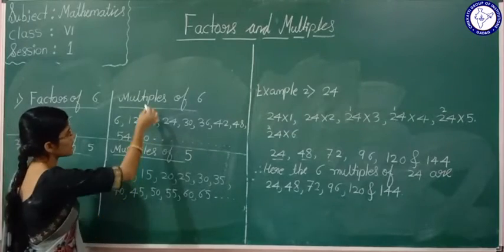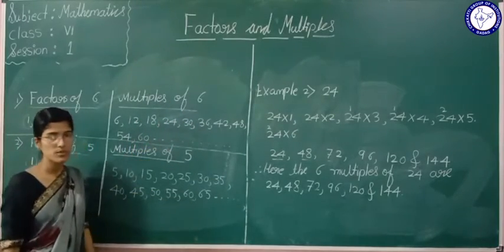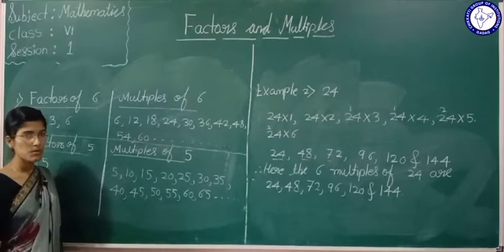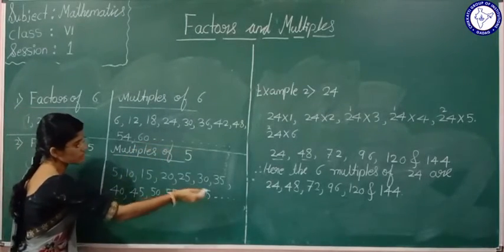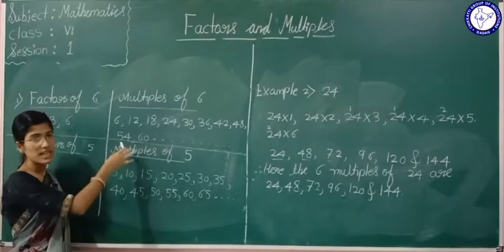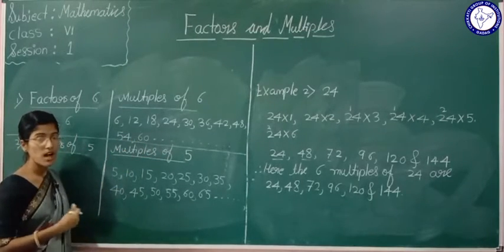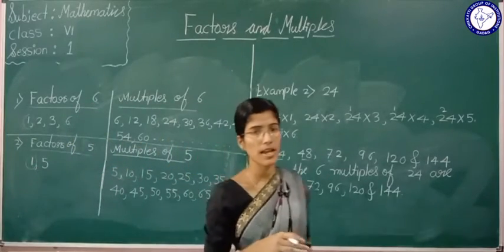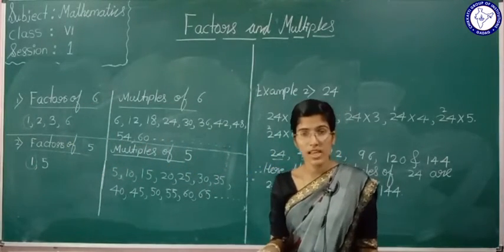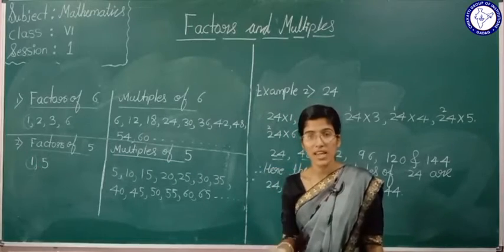Now in the multiples of 6, what can we observe? It goes on continuing. It won't end. This is infinite. We can't count the multiples of any number. How many multiples of a number are there? We can't count.